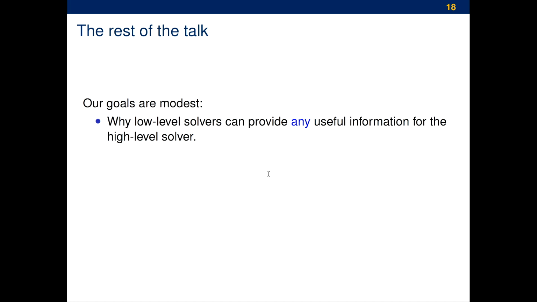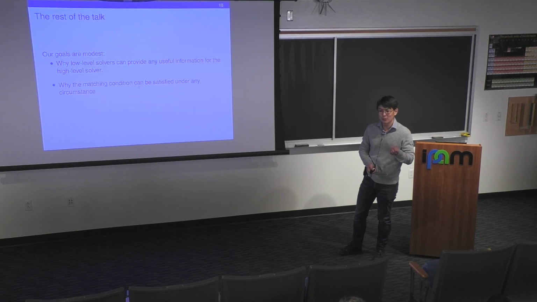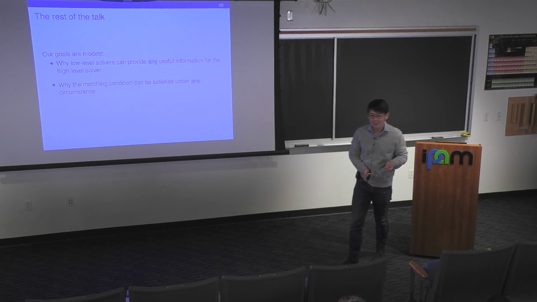The goals for the rest of the talk are modest. One is we want to understand why low-level solvers, let's say Hartree-Fock, I'm interested in an interacting system, can provide any useful information for the high-level solver. It's just not obvious at all. Two is what a matching condition is, and when the matching condition will be satisfied under any circumstance, which is also not obvious at all.